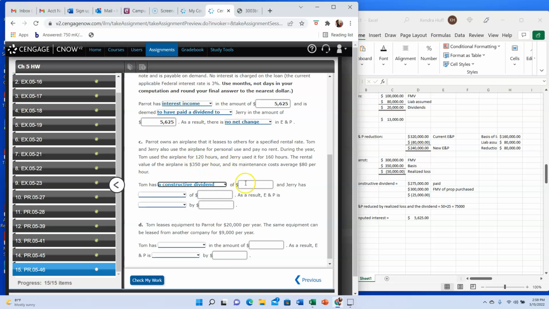It's the 120 hours times the 350 of 42,000. Jerry has a constructive dividend of 160 hours times the 350. As a result, E&P is reduced by those two added together.